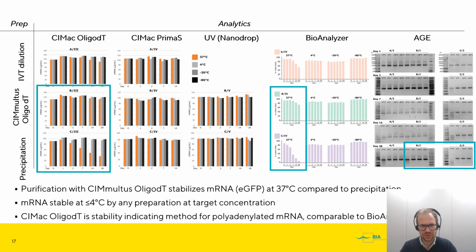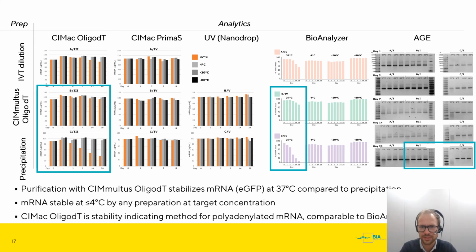What we demonstrated quite clearly was that for mRNA purified by affinity chromatography, so CIMmultus oligo DT, the stability of the mRNA did not change significantly over time. There was a very small amount of degradation observed at 37 degrees. A much larger amount of degradation, in fact significant degradation, occurred when mRNA was purified by precipitation, and this we demonstrated by analytical affinity chromatography.